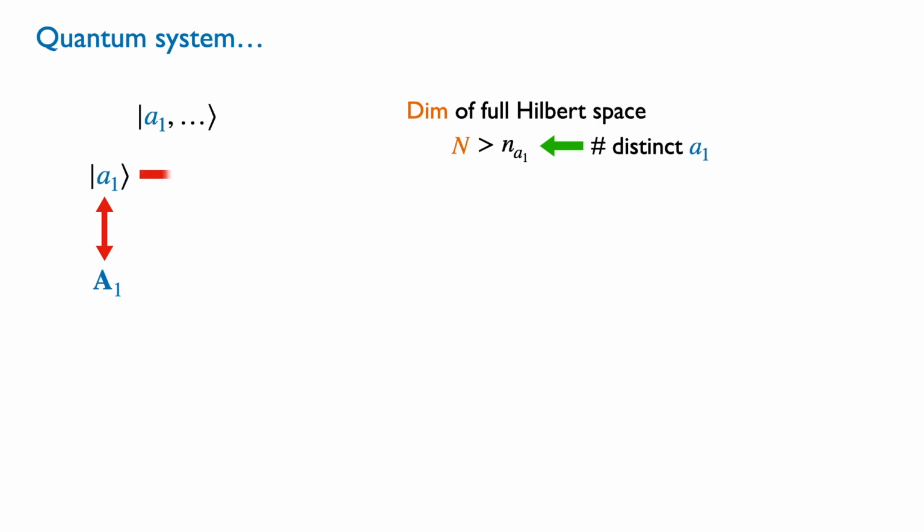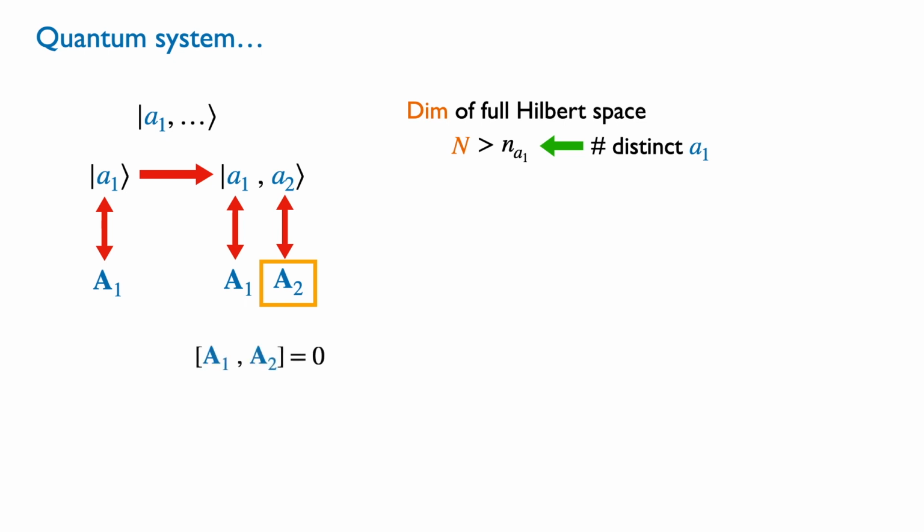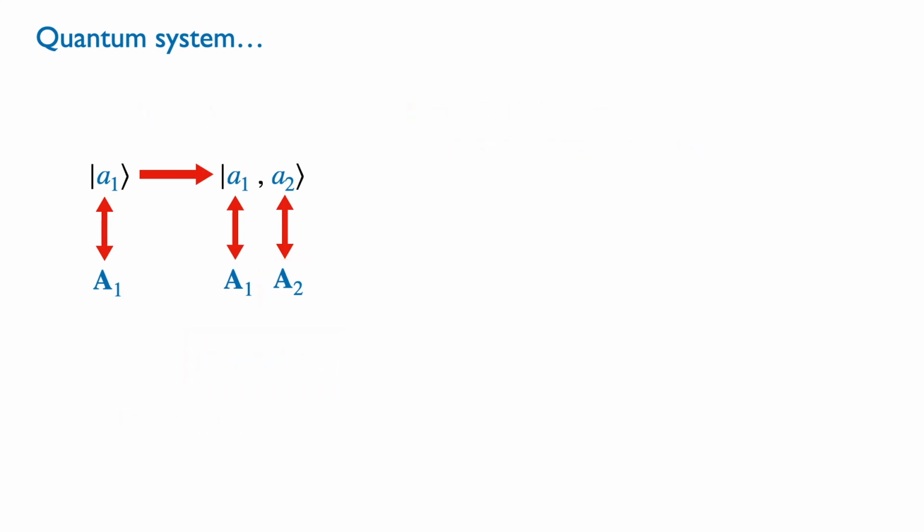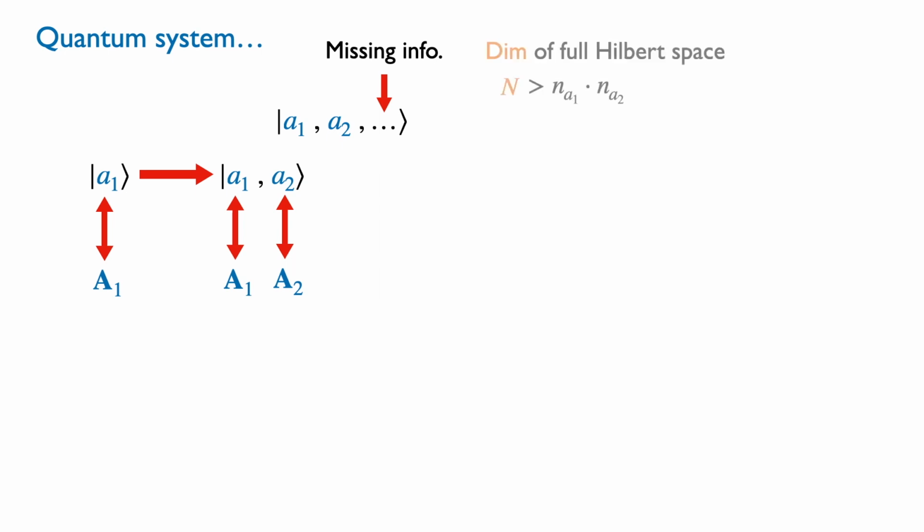Therefore, we add another variable A2 and use its eigenvalues to break the degeneracy of A1. By the last theorem, the operators A1 and A2 must commute in order for a state to be simultaneously an eigenstate for both of them. Suppose even with this added variable, there is still missing information about the state A1, A2, that is, the dimension of the full Hilbert space is still greater than NA1 times NA2, which is the total number of states labeled by these two quantum numbers.